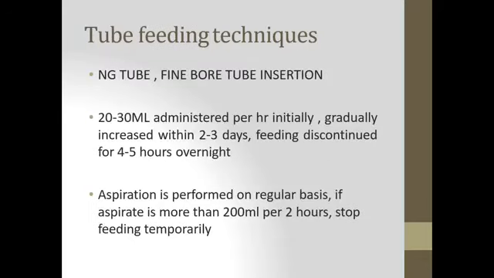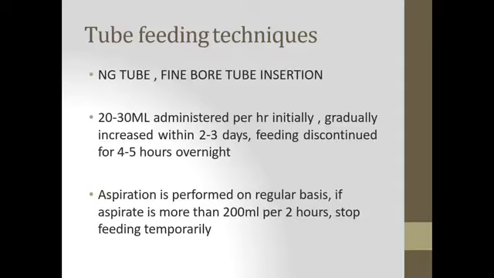Tube feeding is the NG tube or fine bore tube. 20 to 30 ml is administered per hour initially, but gradually we have to increase, and overnight we have to discontinue because of the risk of aspiration.